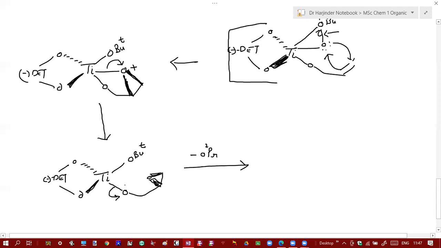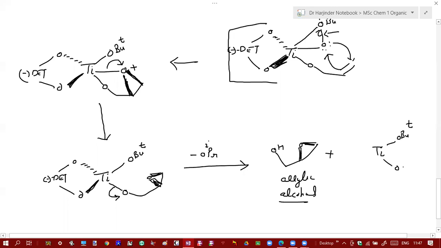Okay, this bond will also break and you will get the corresponding allylic alcohol, plus this titanium catalyst. So it will be tertiary butyl.